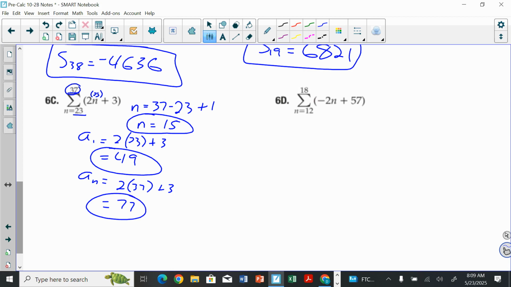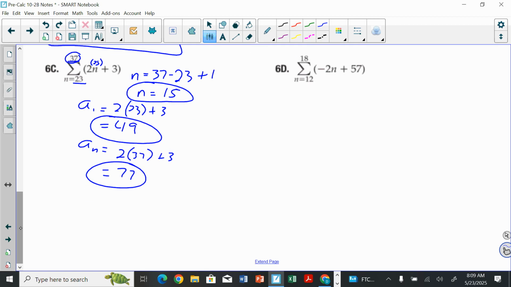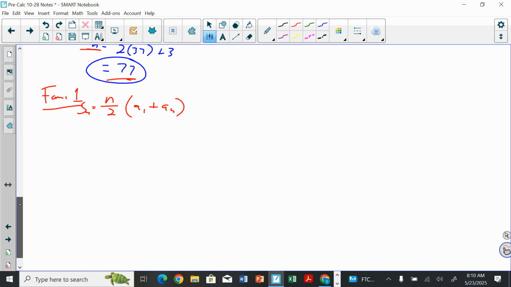So now I've got enough work to do the formula, because now I can go ahead and use Formula 1. Okay, Formula 1, remember, is the sum of n equals n over 2 times a1 plus an. Well, I've got all those. I've got my an here, my a1 here, my n. So I just had to figure out some work first, and then I can plug it in.